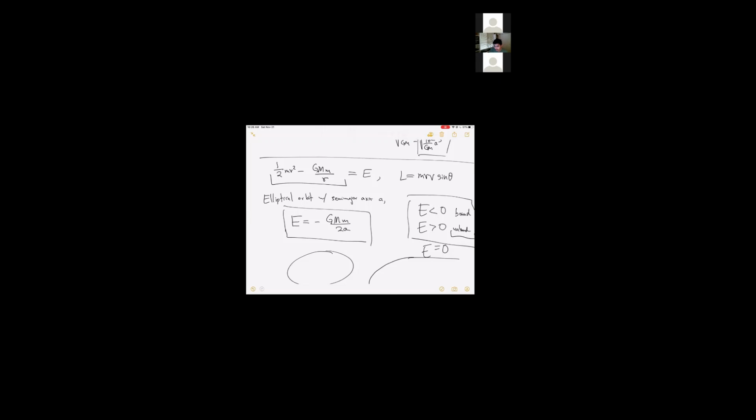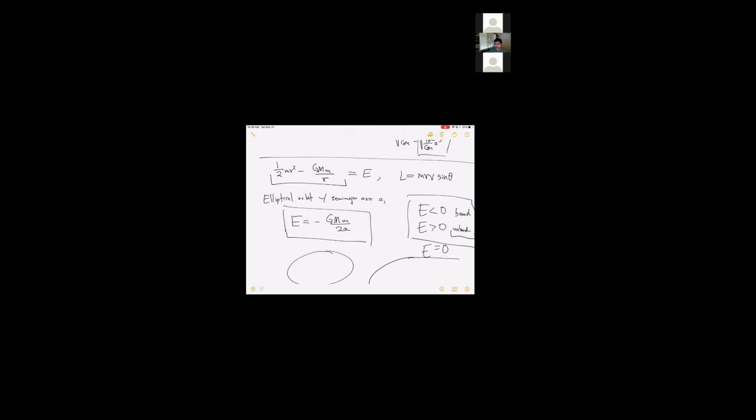Can you explain what you mean by bound and unbound orbits? A bound orbit is just an orbit which will eventually come back to itself, and it stays within the sun. So, for example, planet trajectories are bound. Unbound orbit means that it'll never loop back on itself. In particular, many comets' trajectories are, I believe, hyperbolic.